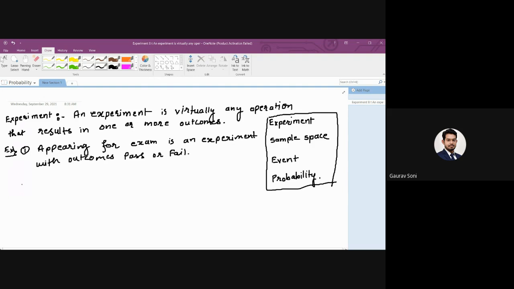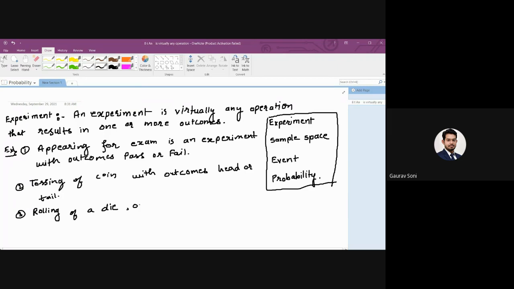Tossing a coin, as Saurav said, is an experiment with outcomes head or tail. Sir, we can also give the example of any sport. We can get two outcomes, either win or lose. Yes, exactly. Rolling of a die, outcomes are 1, 2, 3, 4, 5, 6.